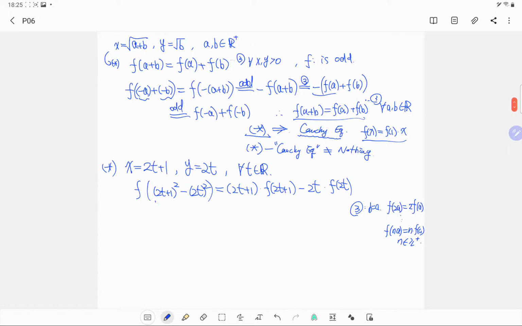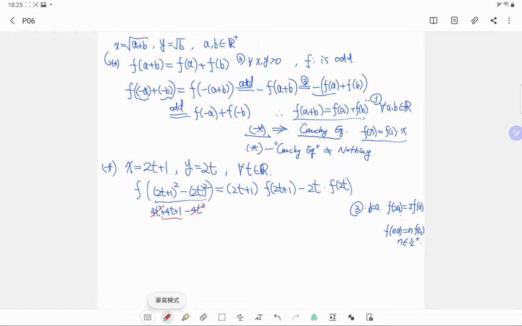So on the left side, this is 4t squared plus 4t plus 1 minus 4t squared. So that 4t squared and 4t squared can be cancelled. So it becomes 4t plus 1.